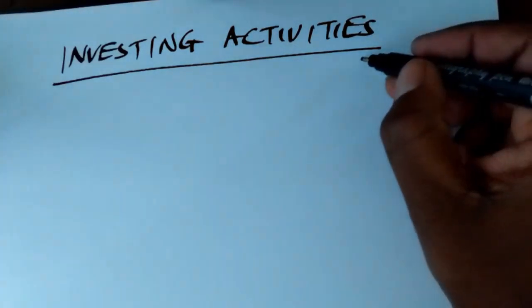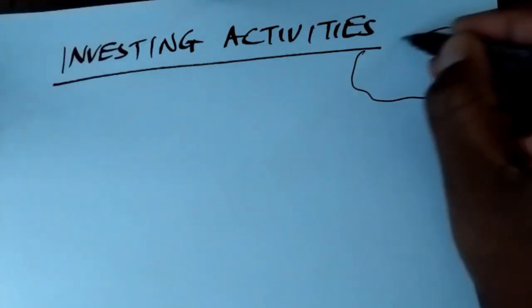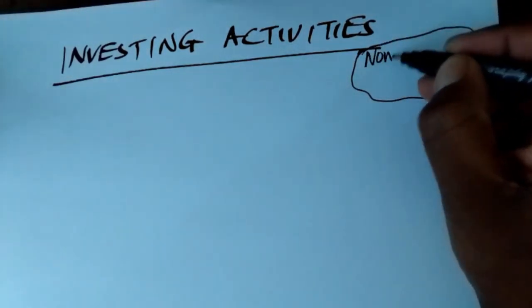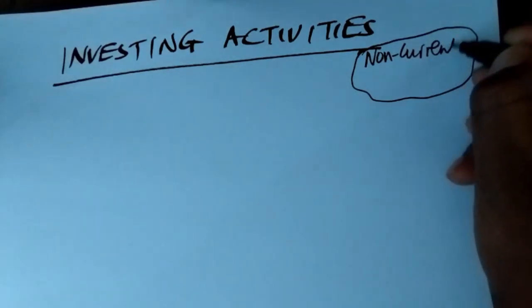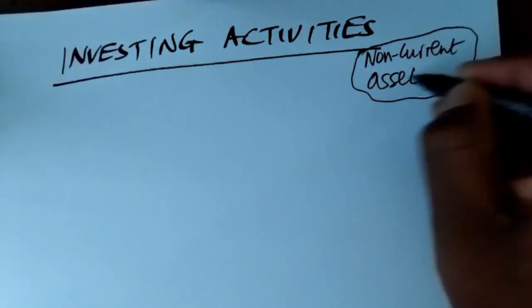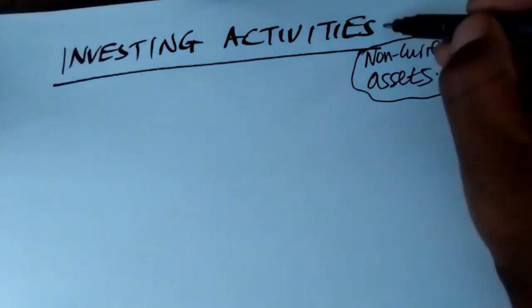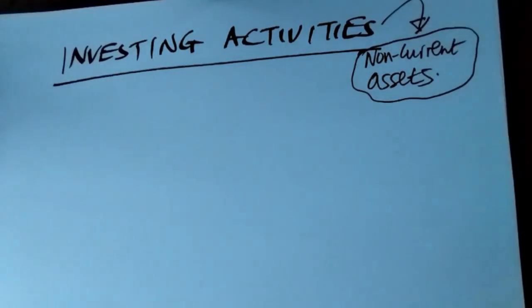Right? Investing activities are fairly simple to understand. When you're dealing with investing activities, you're basically dealing with non-current assets. The moment you remember that investing activities deal with non-current assets, it becomes easy to know what makes up a part of that.